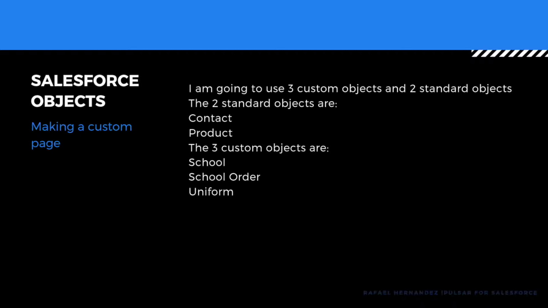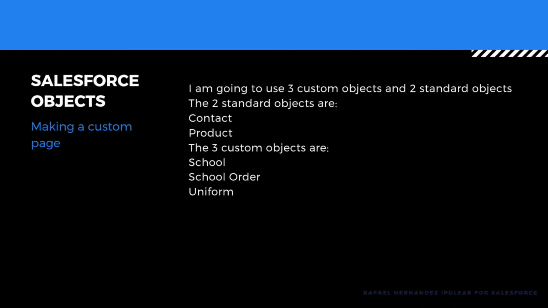This is how it works. In contact, there are gonna be the contacts from every school that the salesman is going to visit. In product, it's gonna be all the uniforms that the company sells, like shirts, pants, blue pants, t-shirts, or white pants, every kind of uniform.